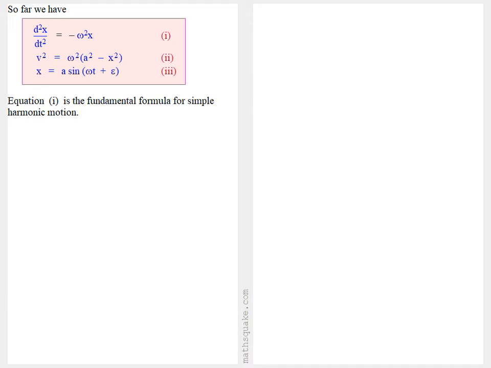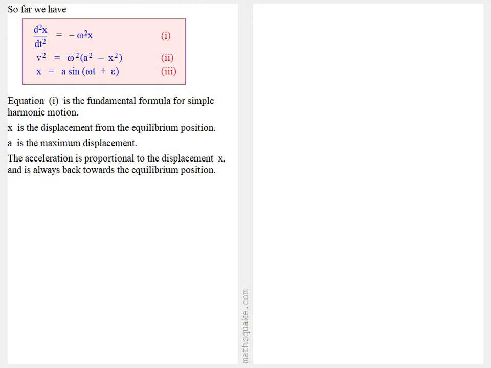And we can also derive the formula x equals a sine omega t plus epsilon. x is the displacement from the equilibrium position and a is the maximum displacement. From equation 1 we can see the acceleration is proportional to the displacement x and is always back towards the equilibrium position. So, if the particle is at the equilibrium position, x equals 0, then the acceleration is 0.